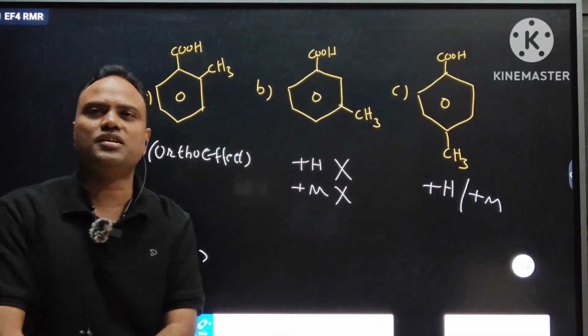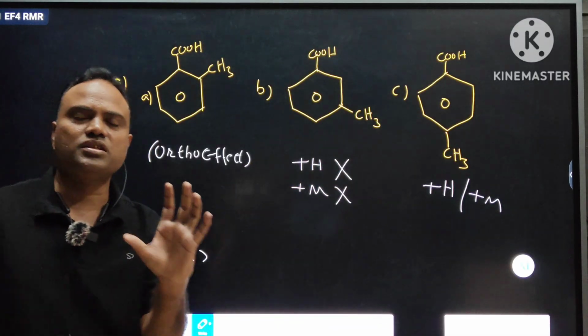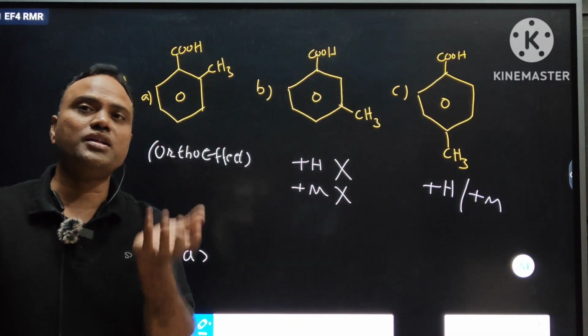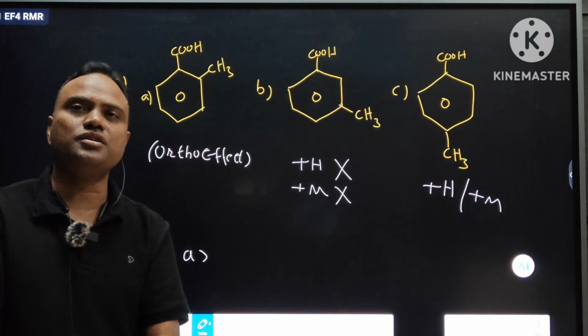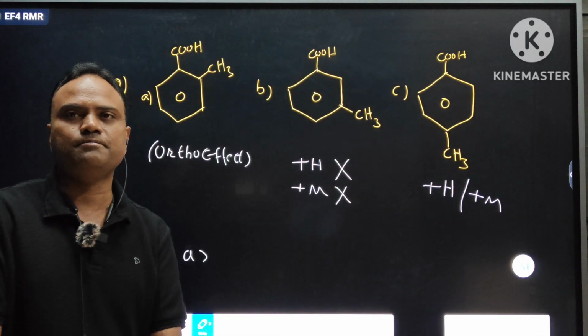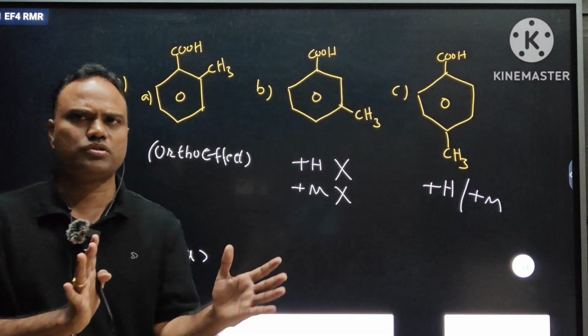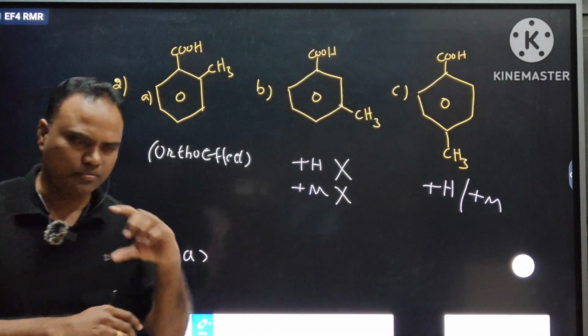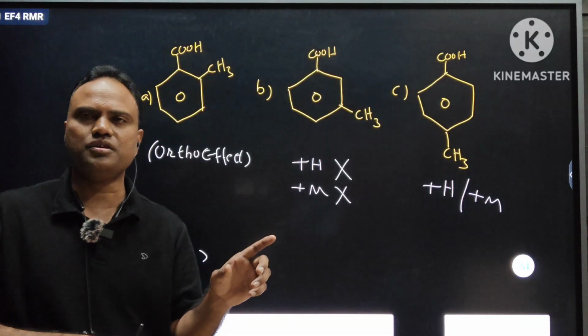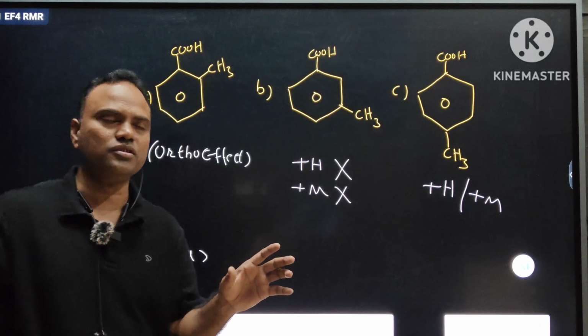Donation is there here, so acidic nature is less. For the acidic nature, minus I and minus M should be present; they only increase the acidic nature. Clear? Don't get any confusion, new students especially. Minus M minus I increase the acidic nature. Plus M plus I decrease the acidic nature.